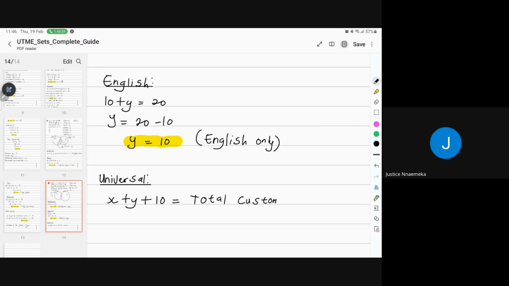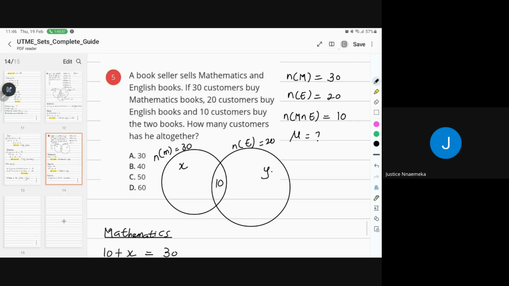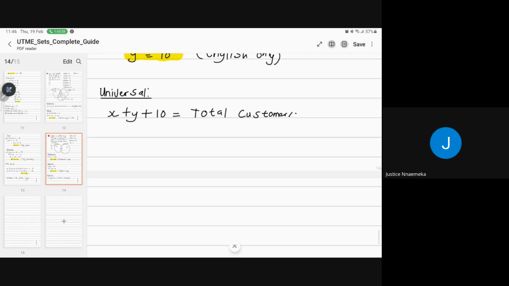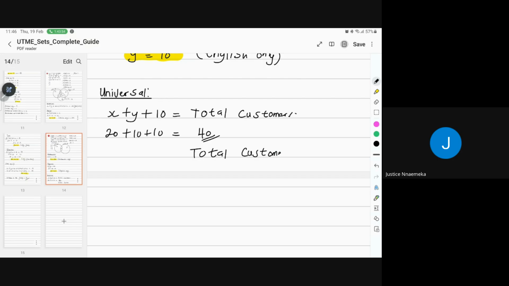So it's equal to 40. Good. So X is 20, right? Y is 10. 20 plus 10 plus 10, which is 40. So total customers equal 40.